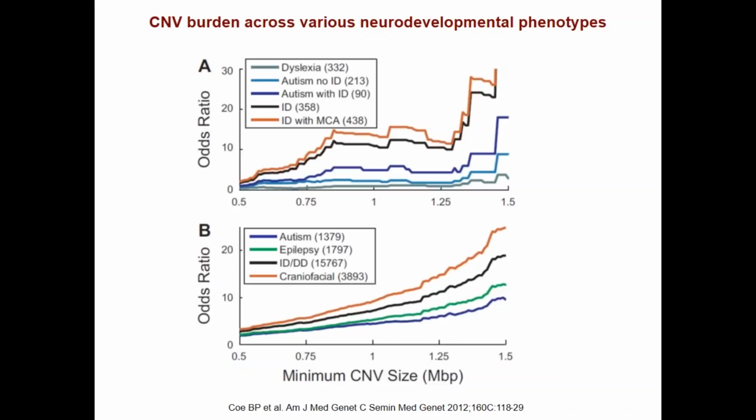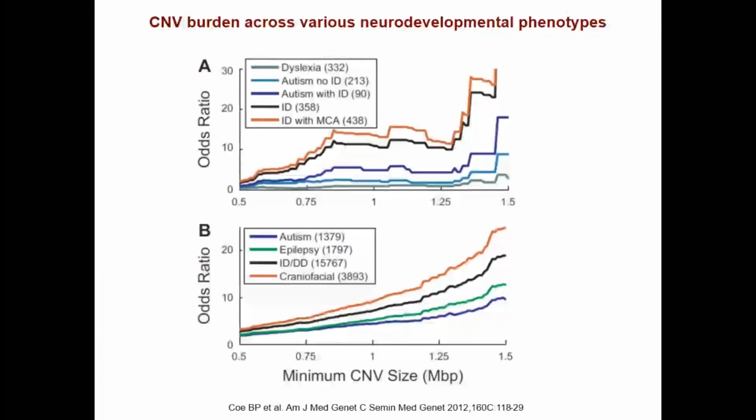So these are two graphs taken from two studies that show you the size of the CNVs and the frequency of the CNVs. And as you can see, the more severe the phenotype, the more and the bigger are the CNVs.